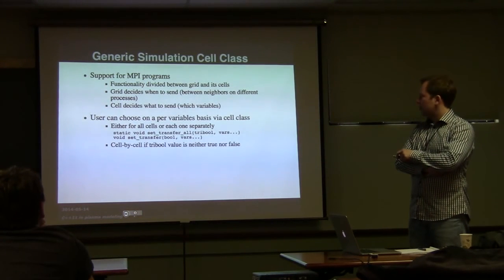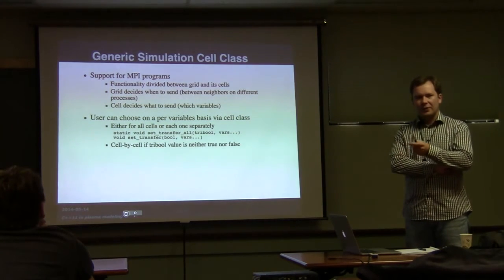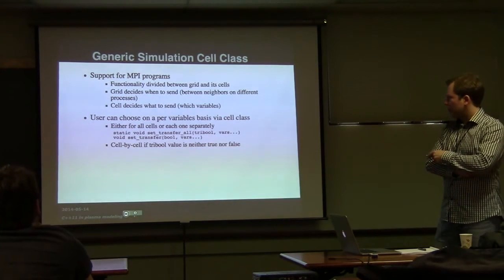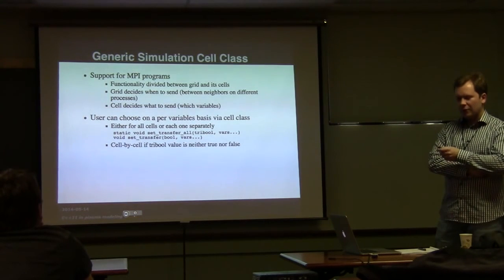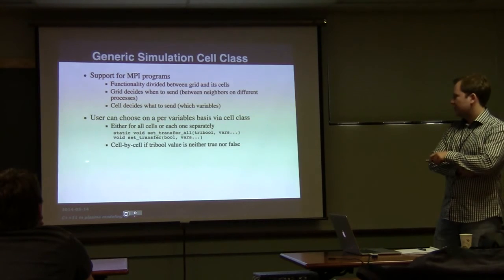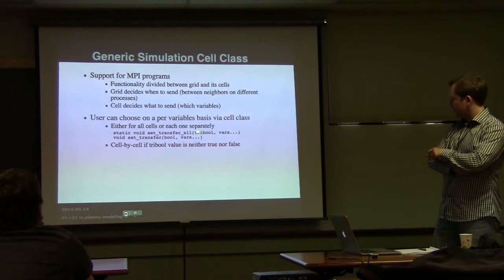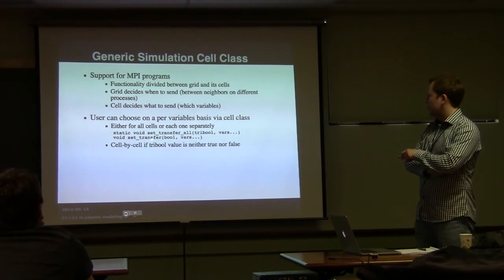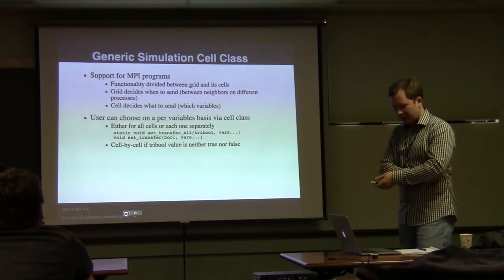So the user can choose for each variable separately whether this variable should be sent or not when the next update is done. And it can be decided either with one function call to send between all cells, or on a cell-by-cell basis. The logic here is that if the result of this static function is neither true nor false, then each cell decides by itself whether it will send some variables or not.